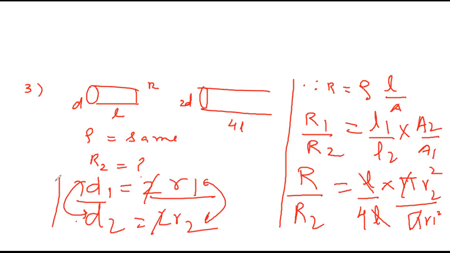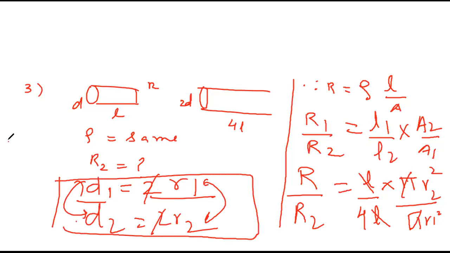Okay, now two more lines. I can say R upon R2 is 1 by 4 into D2 upon D1, the whole squared. R2 by R1 is the same as D2 upon D1 power 2, which I have taken outside.